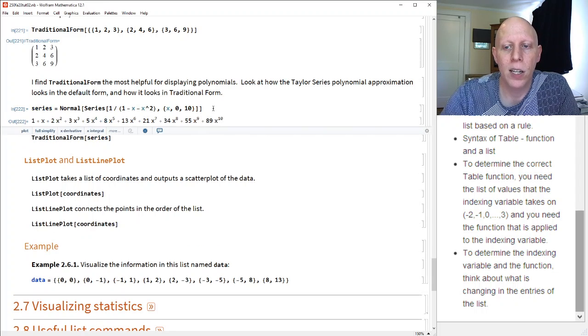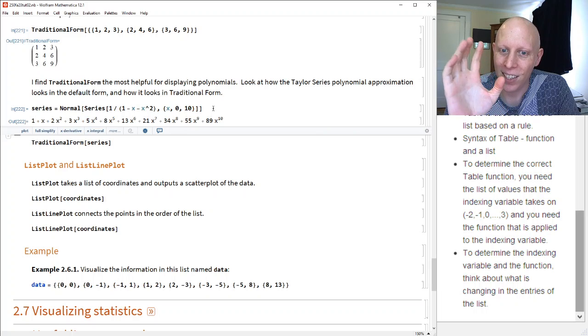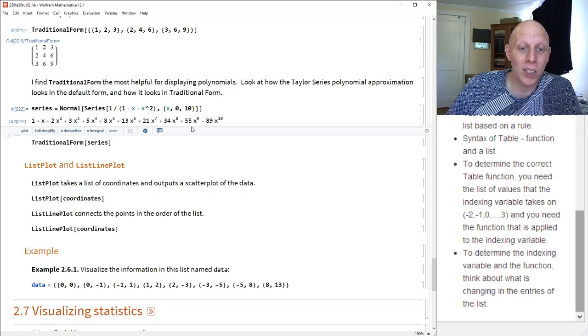When we run this, if you take the Taylor series approximation to this rational function, you get 1 plus x plus 2x squared plus 3x cubed plus ... And if you look at the coefficients, you see 1, 1, 2, 3, 5, 8, 13, 21, and you should be thinking Fibonacci. If you take combinatorics with me, you'll see where that comes from. There are some really cool combinatorial reasons for that. It's related to the power series.